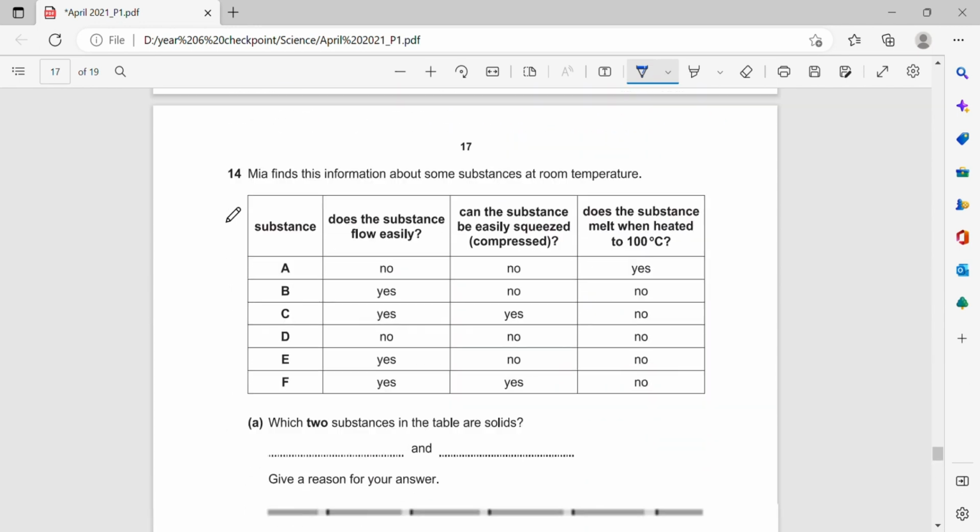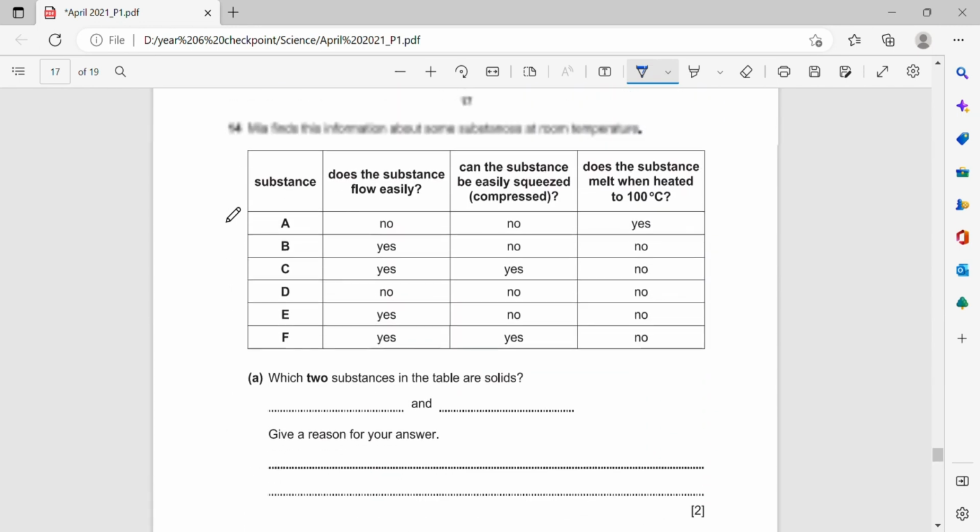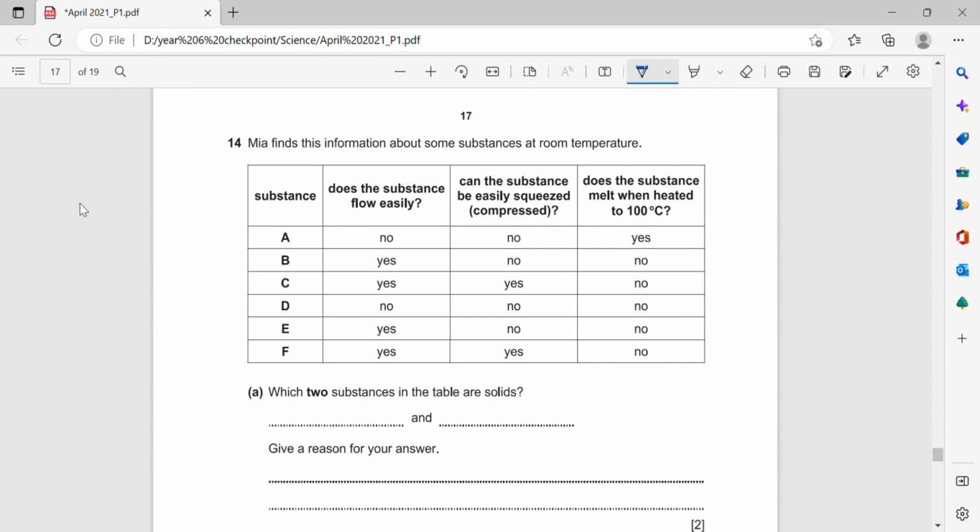Question 14. Mia finds this information about some substances at room temperature, substances A to F. Here I have the criteria: does the substance flow easily? Can the substance be easily squeezed? Does the substance melt when heated? Okay.